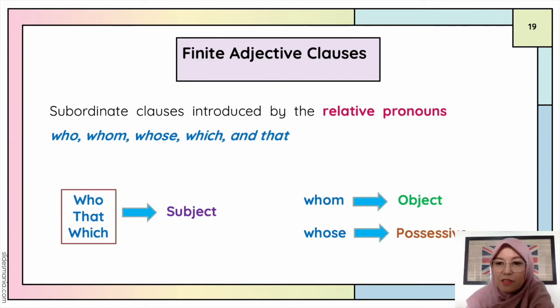Finite adjective clauses are subordinate clauses introduced by the relative pronouns who, whom, which, whose, and that. Who, that, and which usually function as subject, and whom as object. Whose is for possessive determiner.